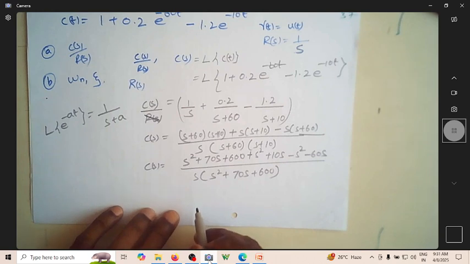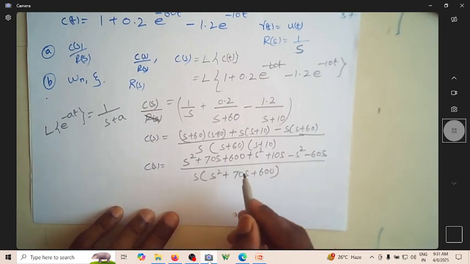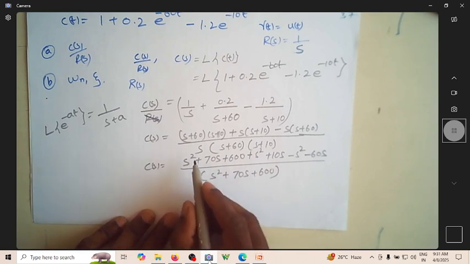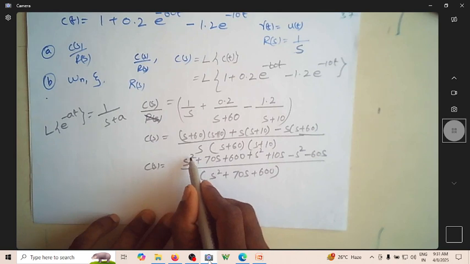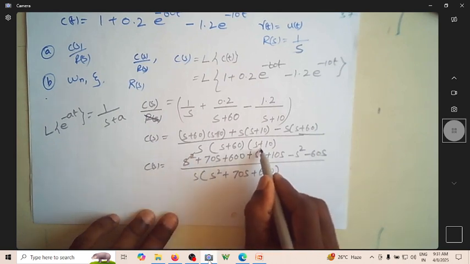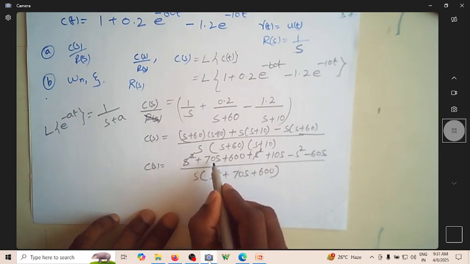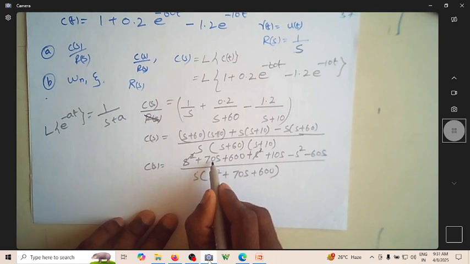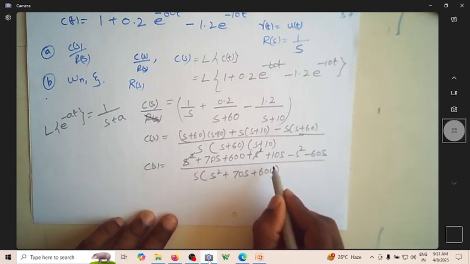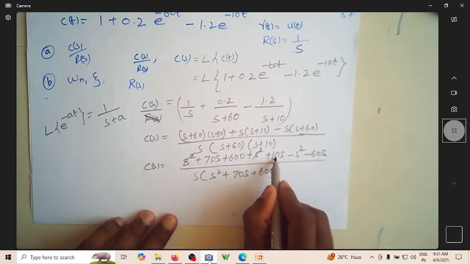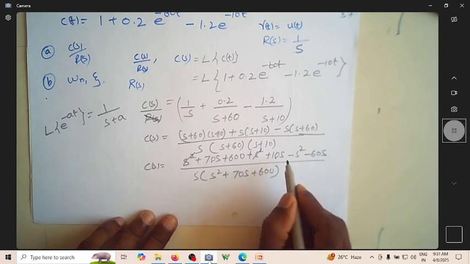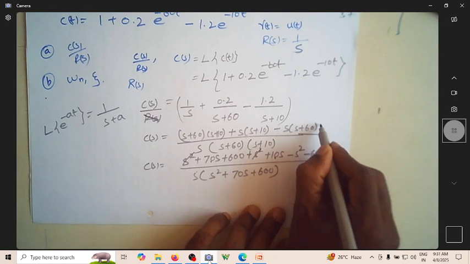So now this s squared will go with this s squared, and this is 70, this is 80, oh sorry, this is actually 1.2 times.